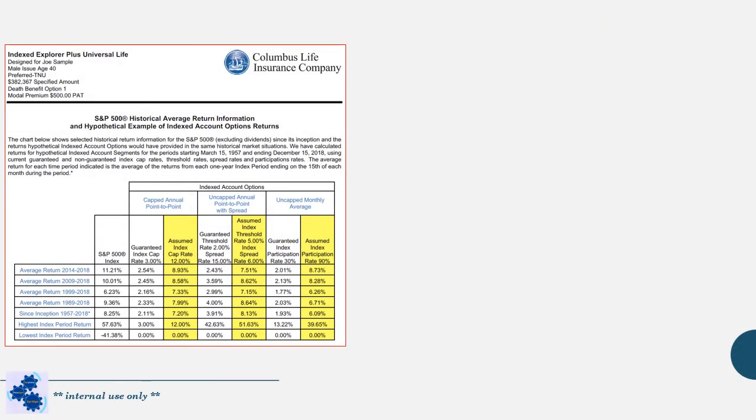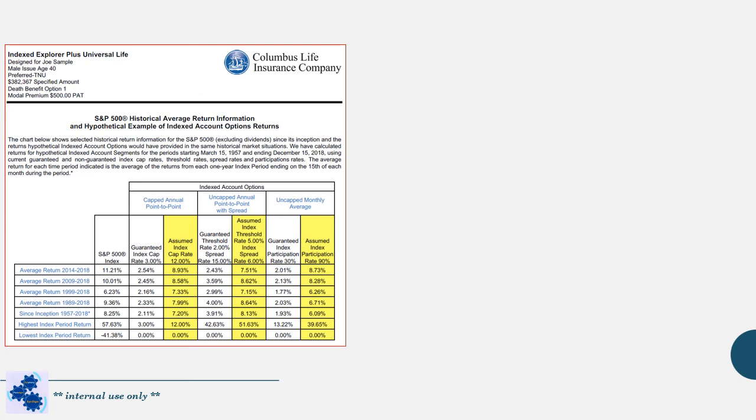Rate of return. This is over 2014 through 2018. That's 5 years. Average annual rates of return of 8.93, 7.51, and 8.73, and so on and so forth. So over the long haul, since the inception in 1957, we're looking at 7.2% per year, 8.13% per year, 6.09% per year.